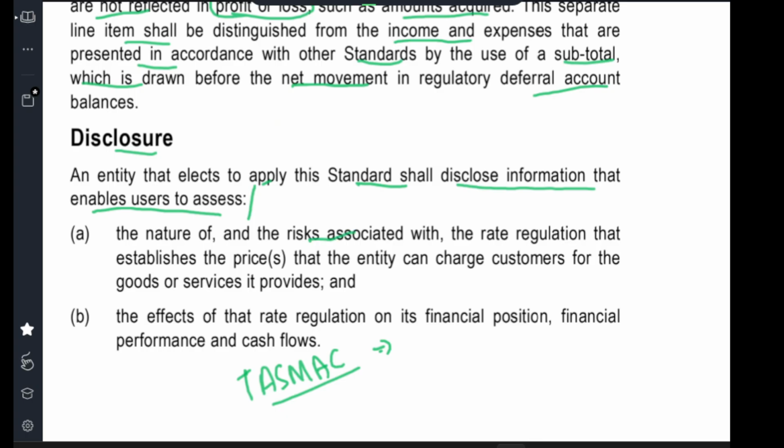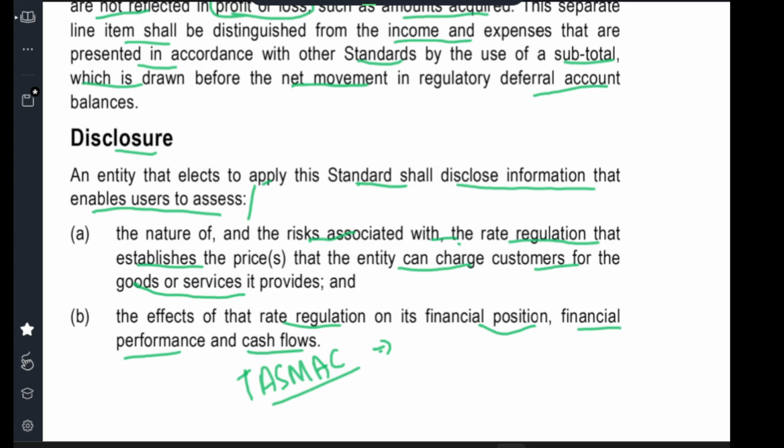The nature of the risk arising from the rate regulation that establishes the prices an entity shall charge customers for the goods and services it provides. The effect of rate regulation on the financial position, financial performance and cash flows. The nature of regulation that provides what the entity can charge customers for goods and services.